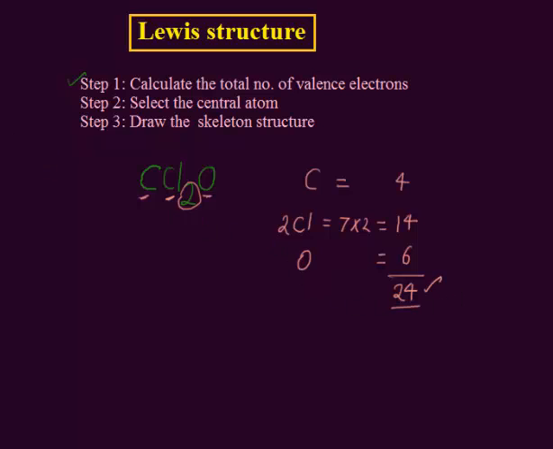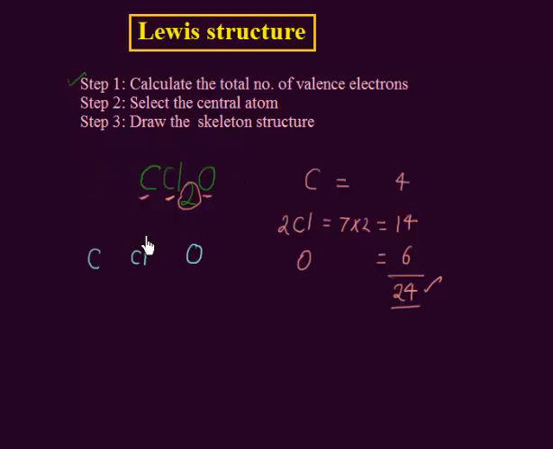And the next step is to select the central atom. The central atom is the atom which has the lowest electronegativity, and here there are 3 types of atoms present in this compound: carbon, chlorine, and oxygen. We know that the electronegativity of atoms increases from left to right in the periodic table.